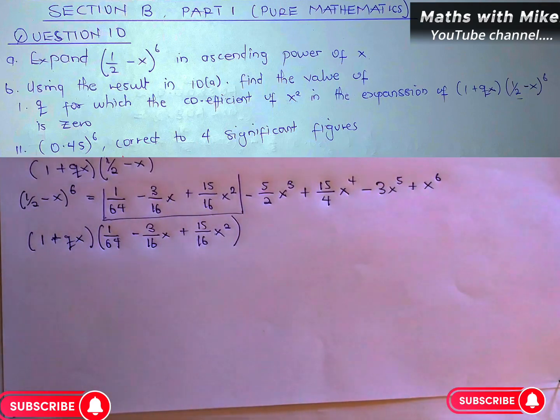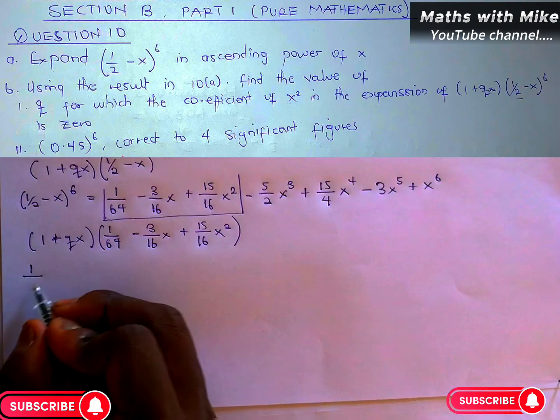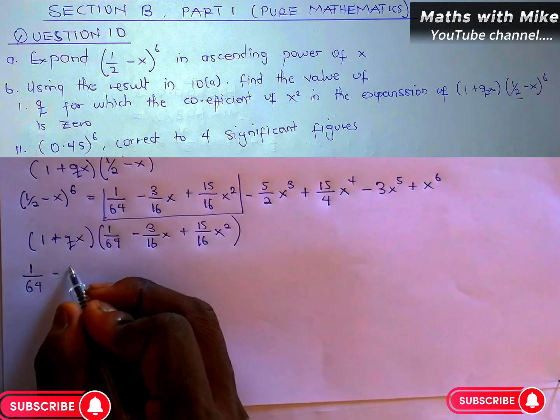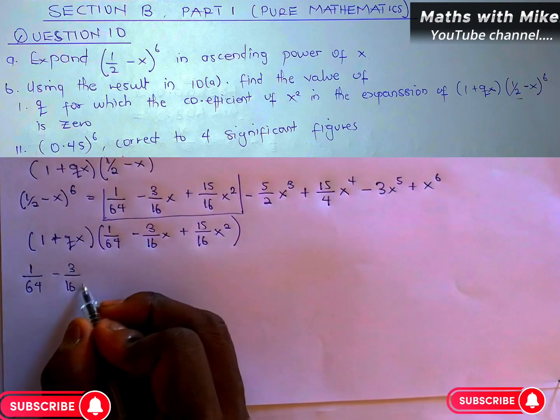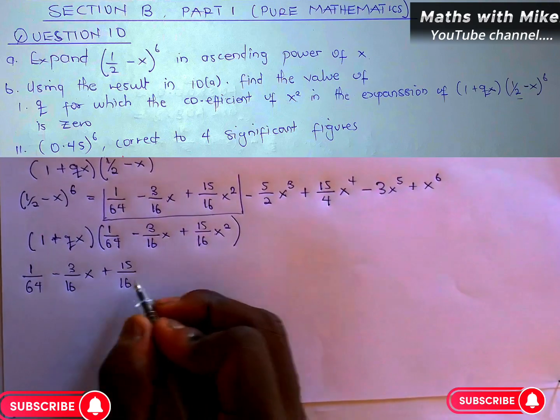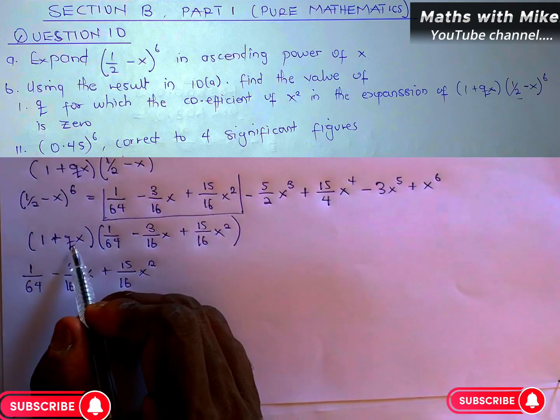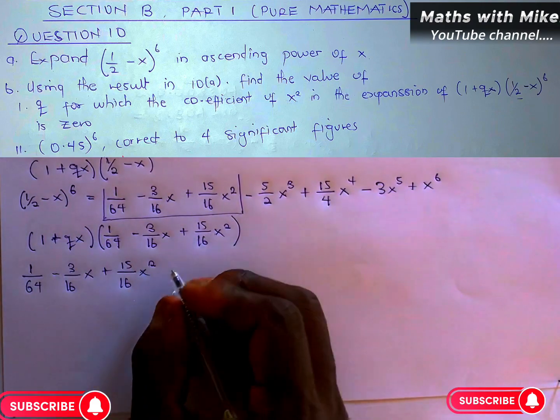So let's expand. 1 will multiply everything and we are going to get 1 over 64 minus 3 over 16x plus 15 over 16 x squared. Qx will also multiply everything.